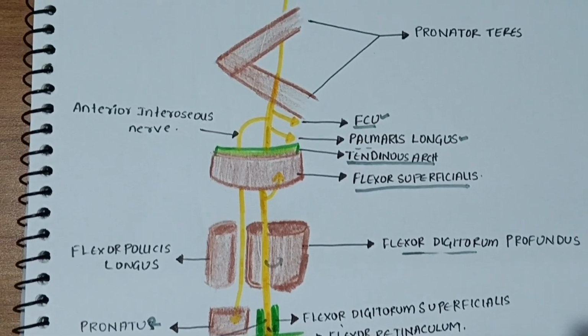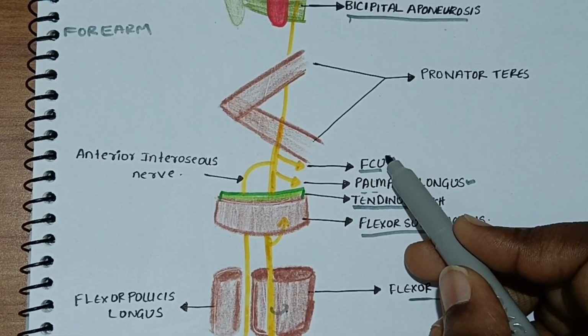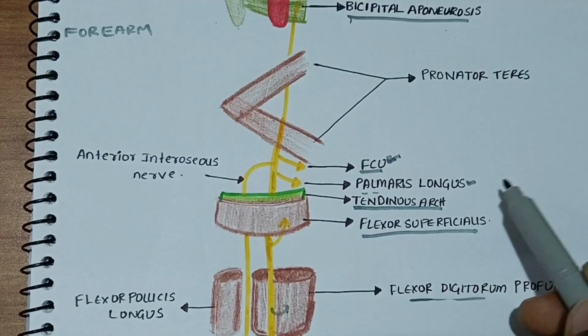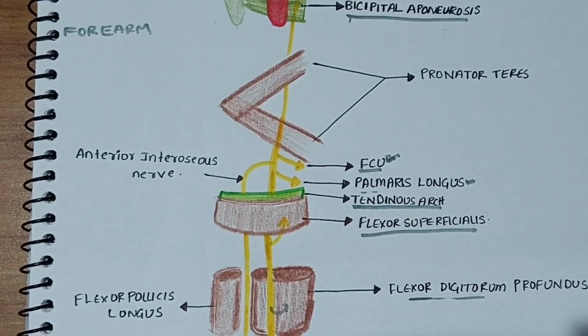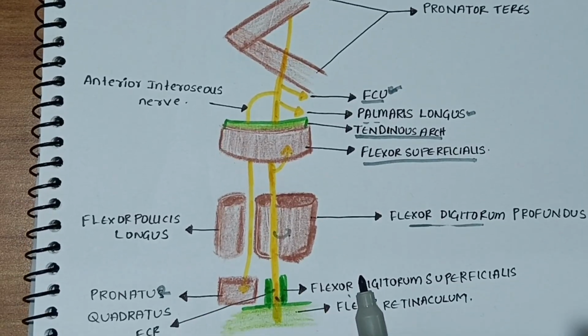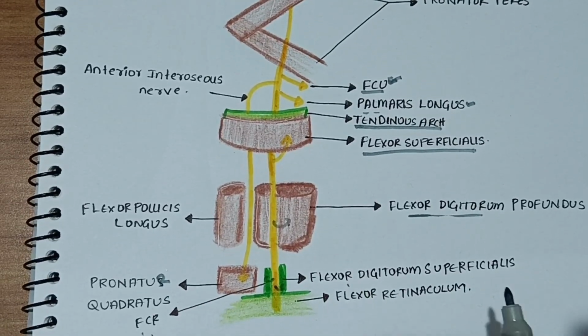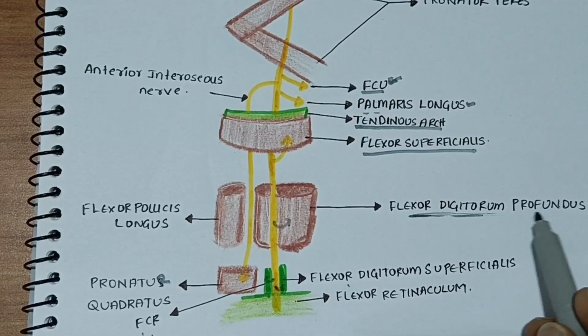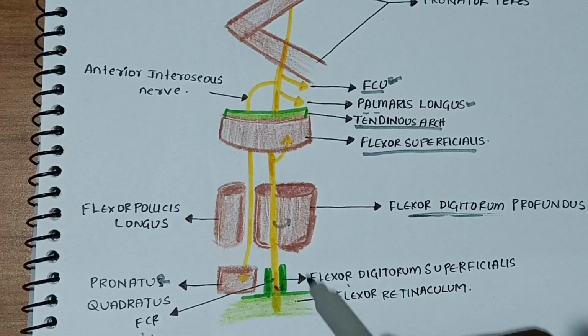The main branch gives nerve supply to flexor carpi ulnaris and palmaris longus, supplies the tendinous arch of flexor superficialis, enters the flexor digitorum profundus, and continues, giving nerve supply to the tendon of flexor digitorum superficialis and the tendon of flexor carpi radialis.